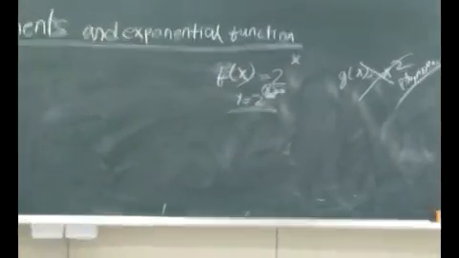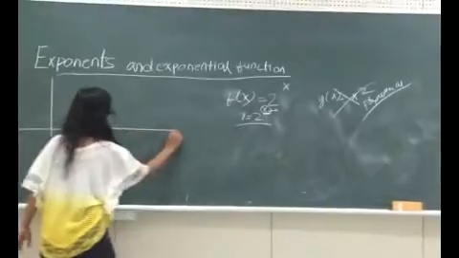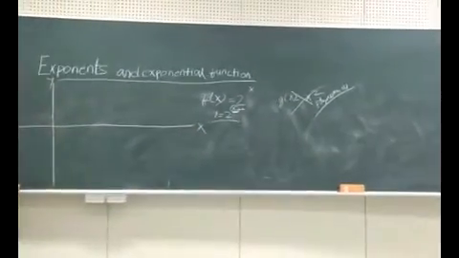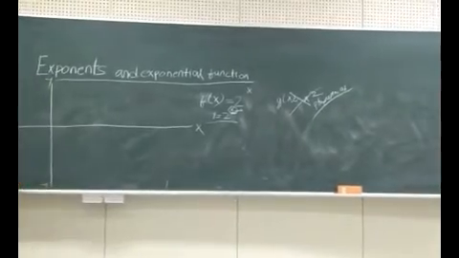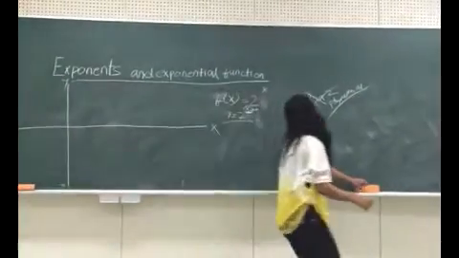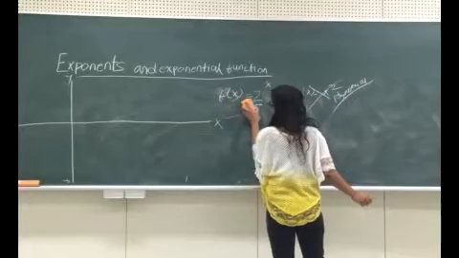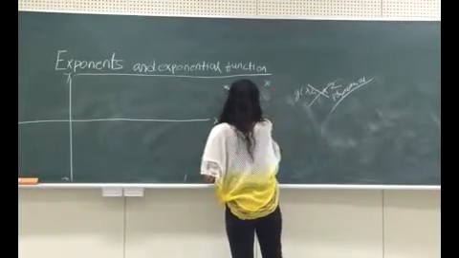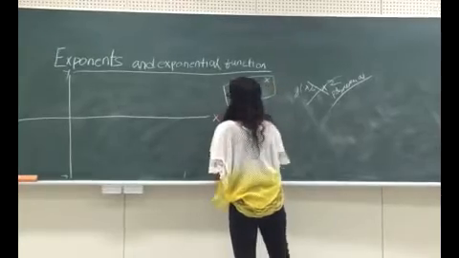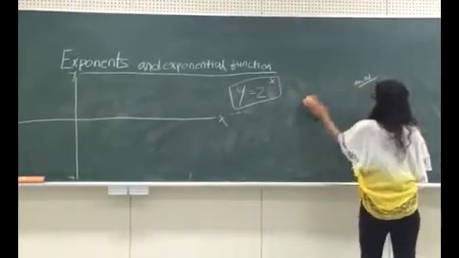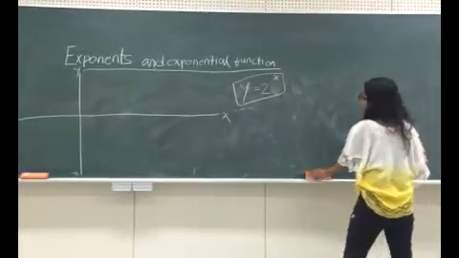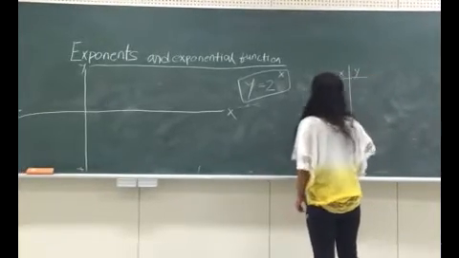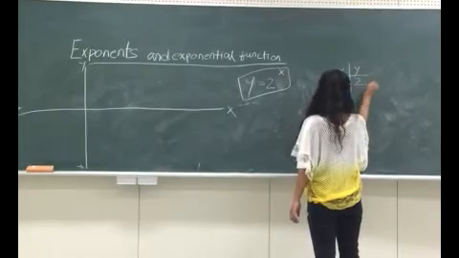How might it look like? This is x and y. By taking this function, y equals 2 to the power x, we will try to find out how an exponential function looks. So let's derive the table. If x becomes 1, y becomes 2.